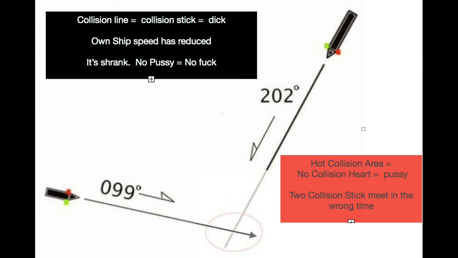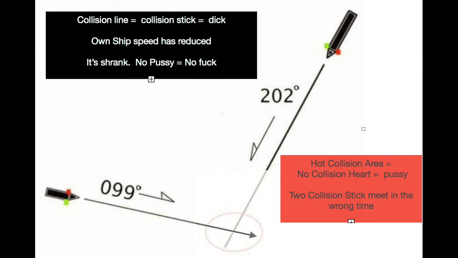In this picture we see the vessel heading 202 has reduced speed. The collision hotspot is missing, no more collision hotspot because the vessel reduced speed.